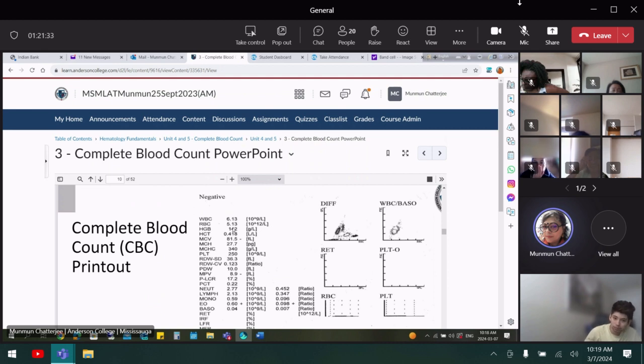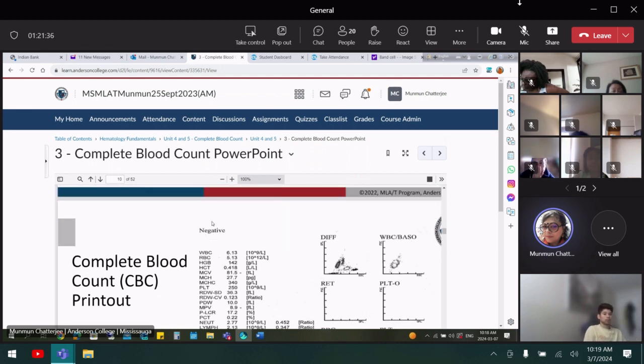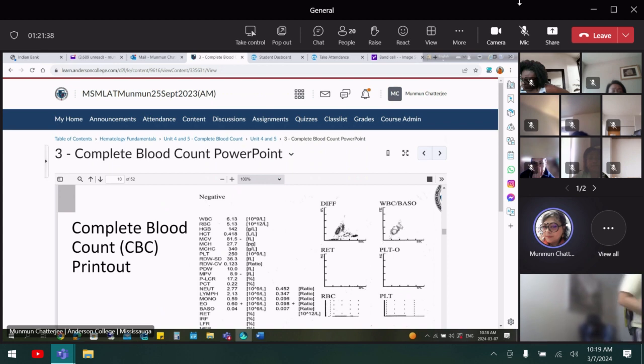So it is written here, differential WBC, how they count it in the automated analyzer. What do they count? It counts the WBC, the RBC, the hemoglobin, hematocrit, mean corpuscular volume, MCH, MCHC, platelet, red cell width.